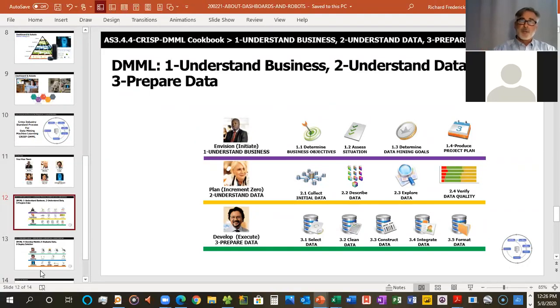So that's determining your business objectives, assessing your situation, determining your data mining goals, and then helping the team come up with a project plan. Okay, now all of these, by the way, this is all standard stuff. This isn't me. I didn't create any of this. I just put pictures. That's all I did.